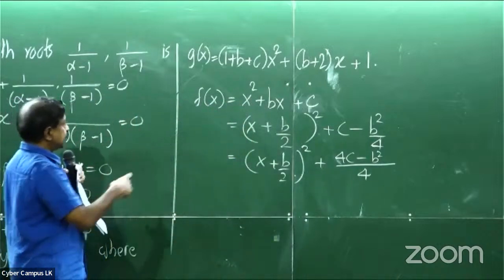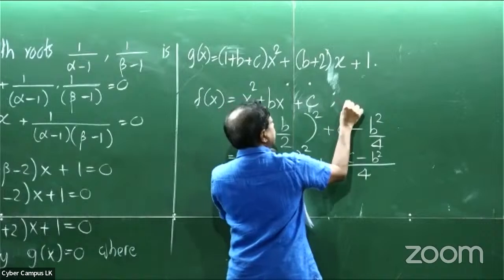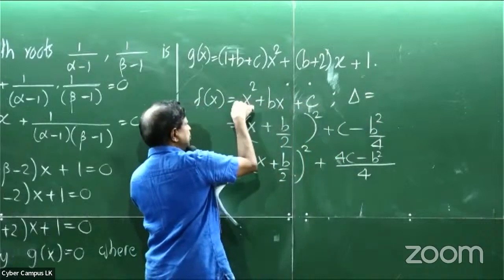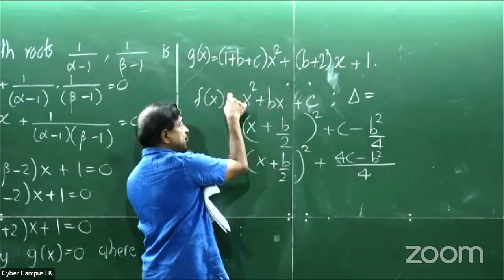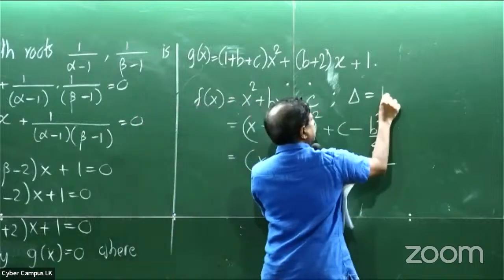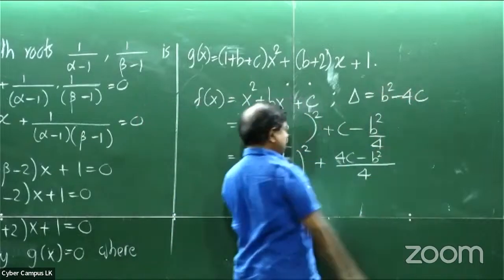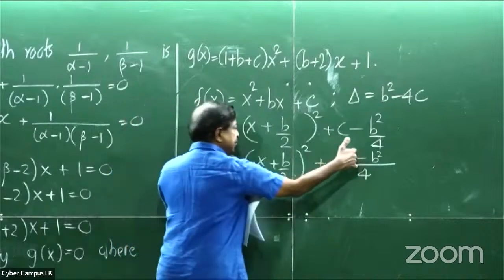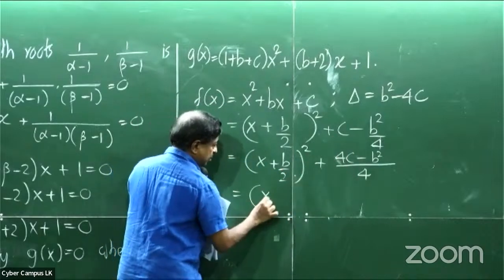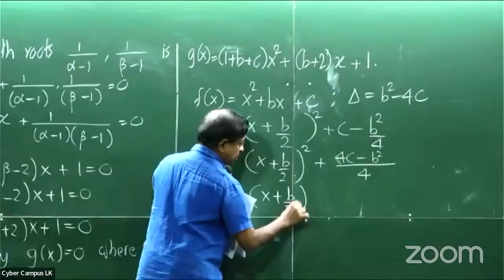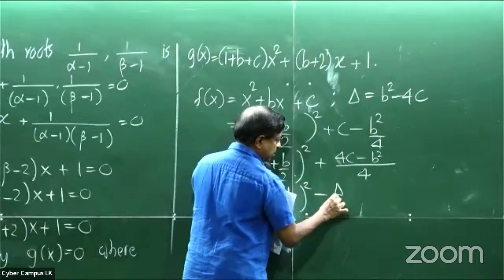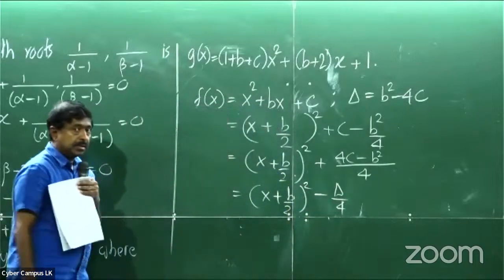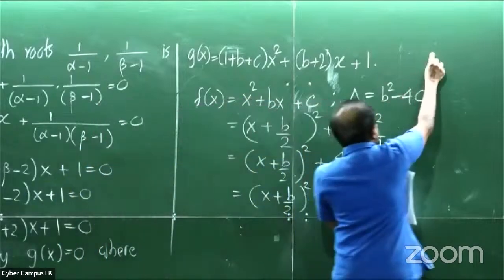However, in this case, delta is b squared minus 4ac, b squared minus 4 times 1 times c. So it's this. So it means this is minus delta.